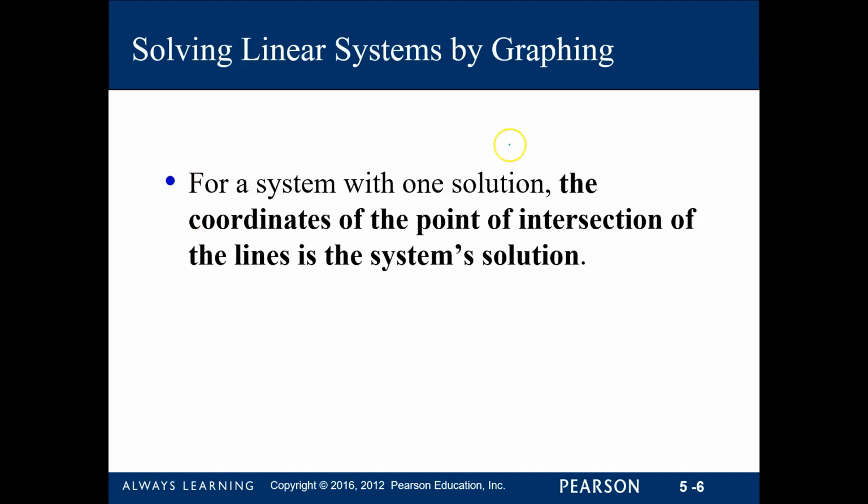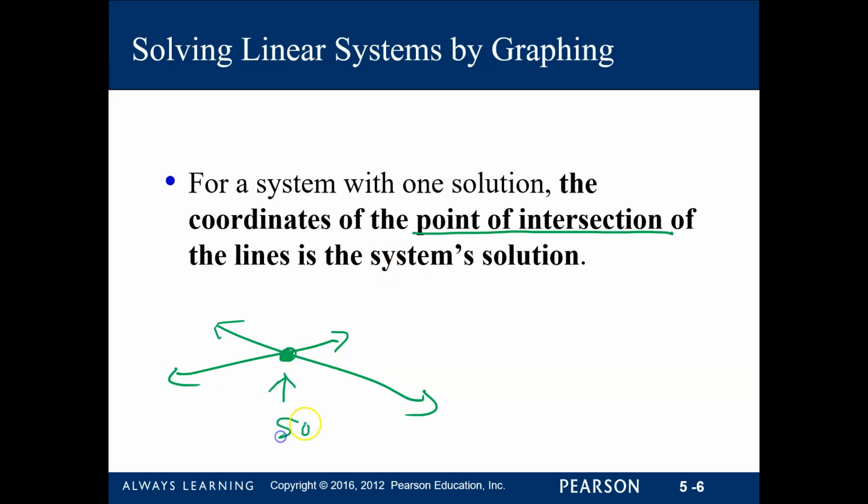Out of the three, solving systems with graphing is the easiest, mainly because if you have a graphing calculator, you type in your equations, and then you look for the point of intersection. Let's say the first equation is graphed like this, and then the second equation is looking like this, then your solution is simply this point over here.